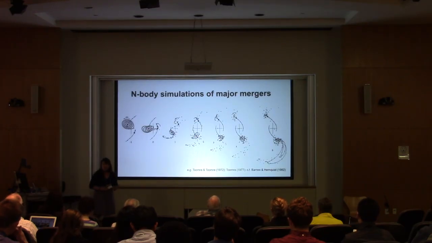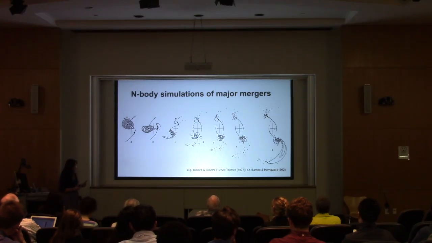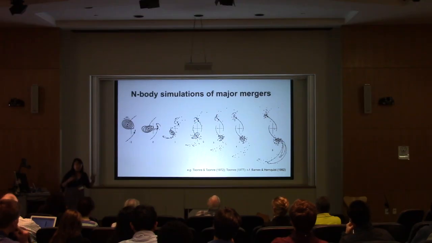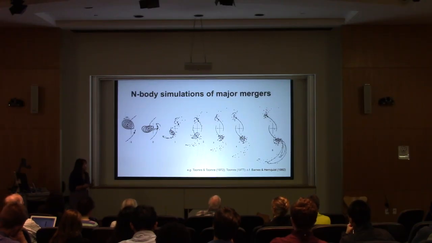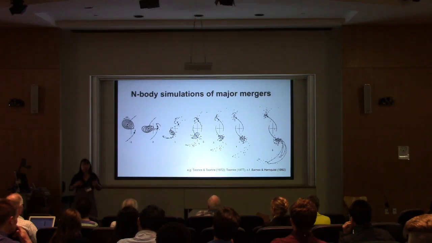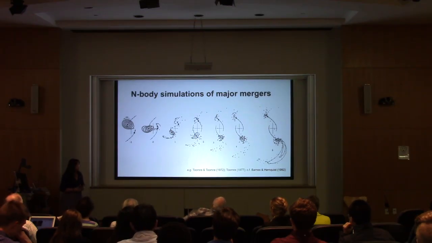In the 1970s, the Toomre brothers did the then state-of-the-art N-body simulations of galaxy mergers, exploring the effects of dynamical friction on galaxy mergers and seeing how rapidly they could collide and end up being elliptical galaxies. This method was initially met with a lot of skepticism, but over the years more components and more particles were added, and this formed the basis of current-day merger simulations.